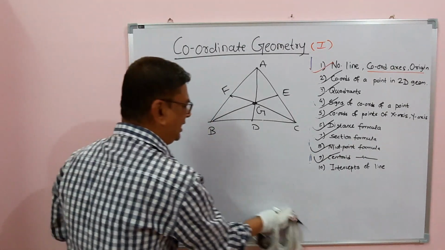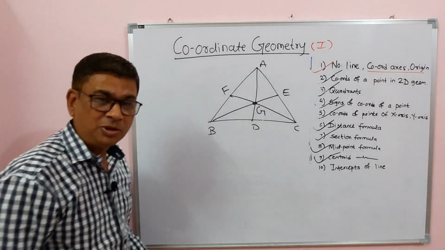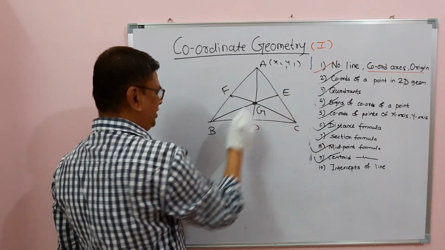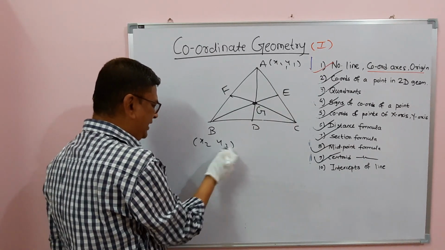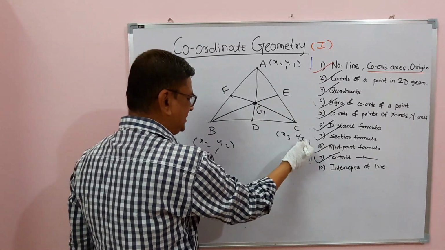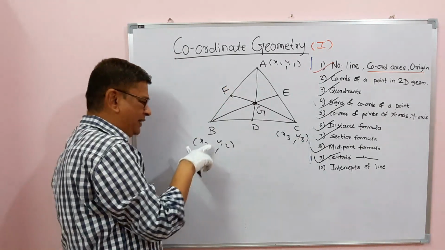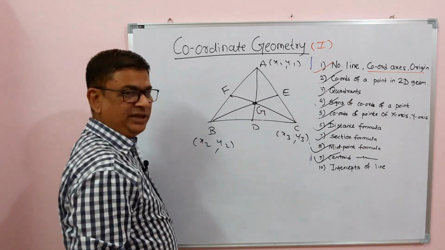Now there is a formula which gives the coordinates of the centroid. For that purpose, we should know the coordinates of the vertices. Suppose A, B and C are the vertices of a triangle with coordinates A(x1, y1), B(x2, y2), C(x3, y3).